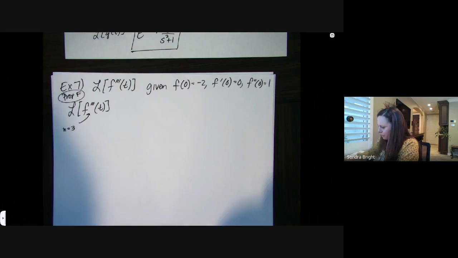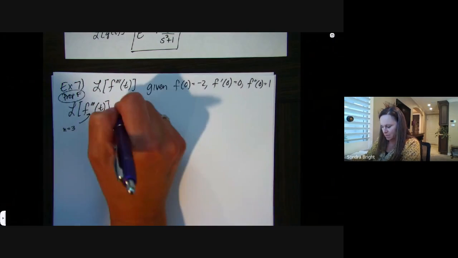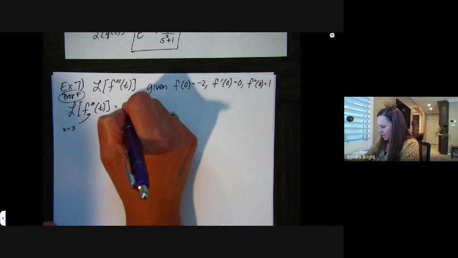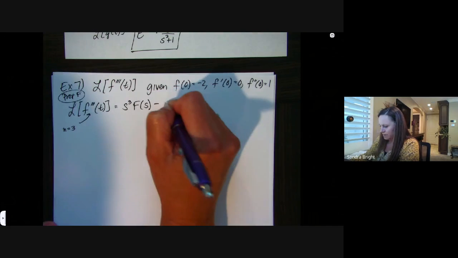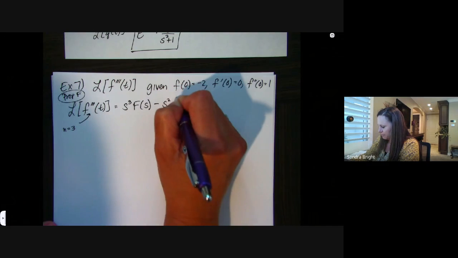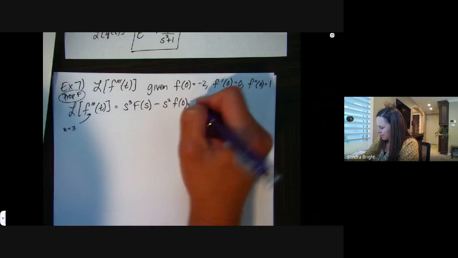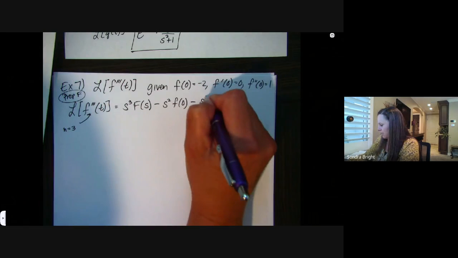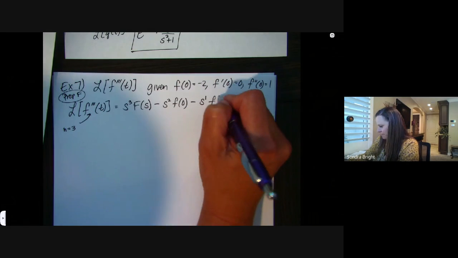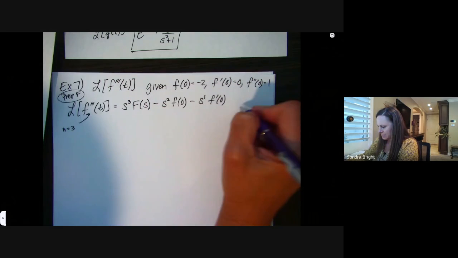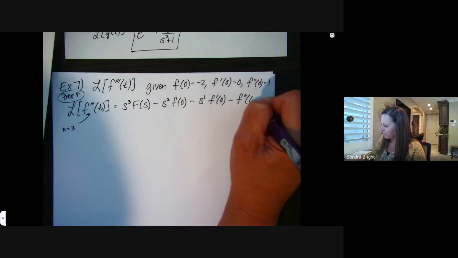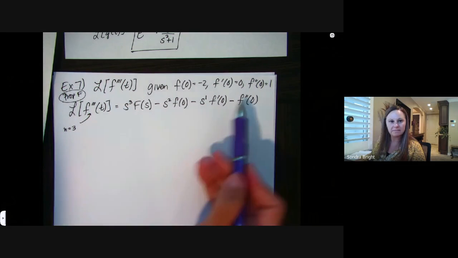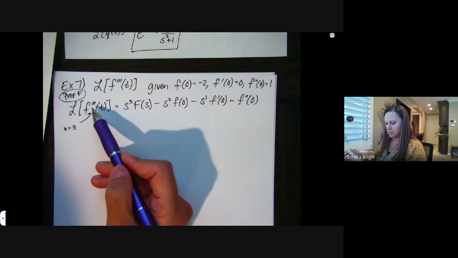So it's going to equal s cubed times big F of s minus s squared times little f of 0, minus s to the power of 1 times the first derivative of f at 0, and then minus the second derivative at 0. You go all the way down to 1 less than this degree.